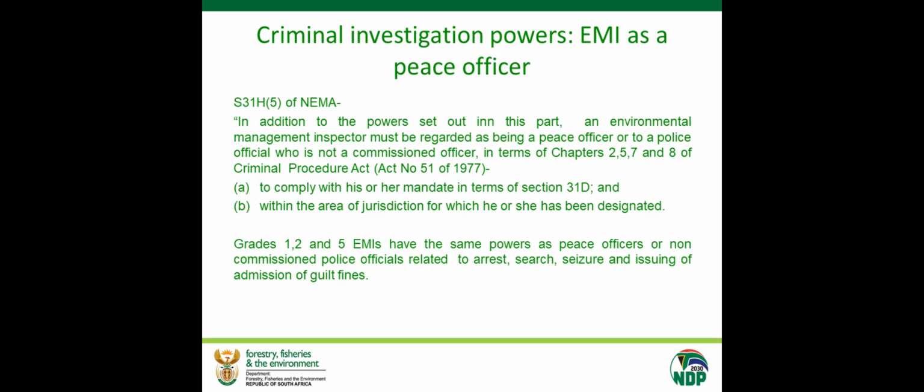Grade 1s are the ones with more powers. Grade 1, grade 2, and grade 5 have powers to search, to arrest, to seize, and to issue admission of guilt fines. Grade 3 and grade 4 don't arrest, but grade 1, grade 2, and grade 5 can arrest you.